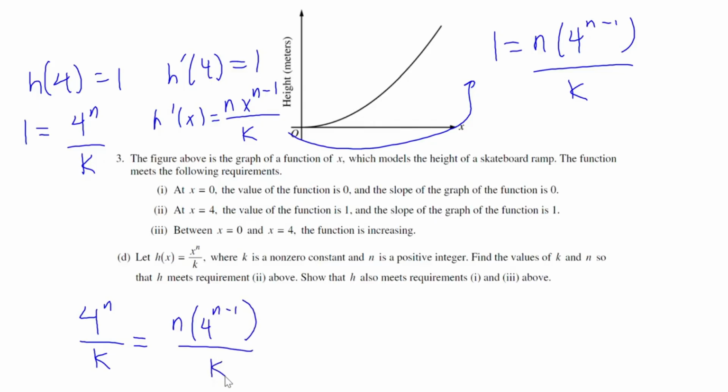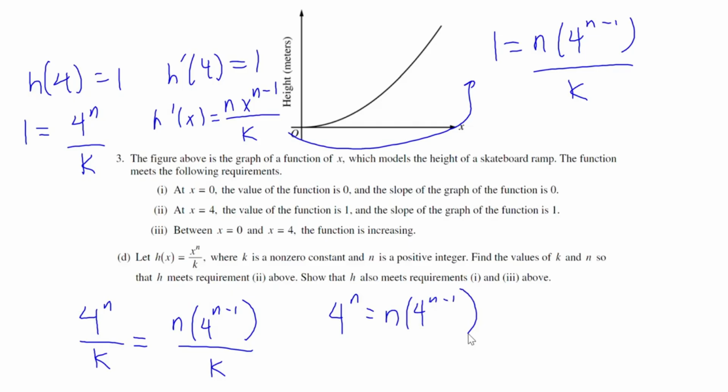We can just multiply both sides by k, or really we can just think about that the value of k here doesn't really matter. We need to figure out what n is going to be first. So we need that 4 to the n is equal to n times 4 to the n minus 1.